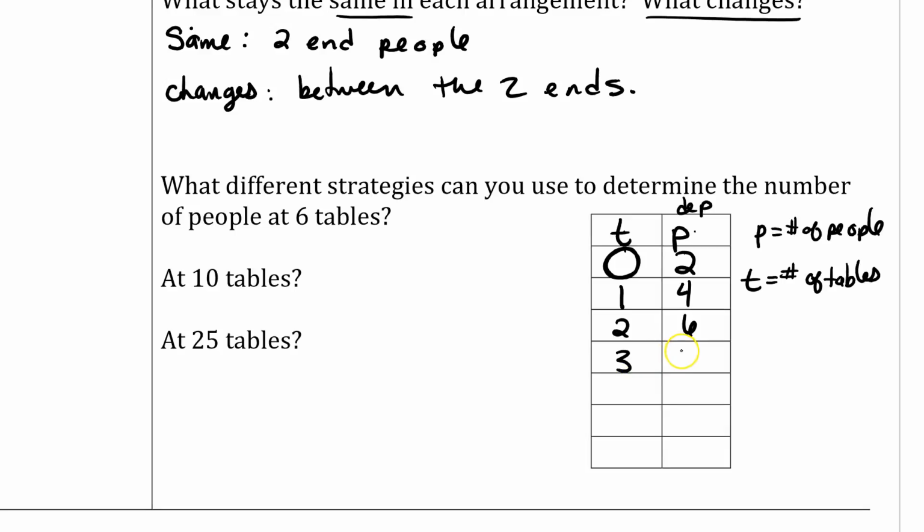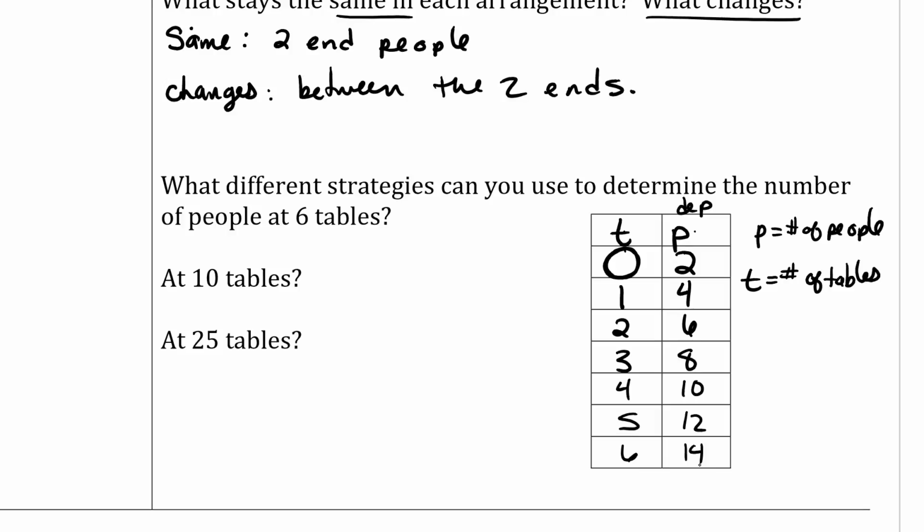At 3 tables we have 8. 4 tables we have 10. 5 tables we have 12, and you guess at 6 tables we have 14.